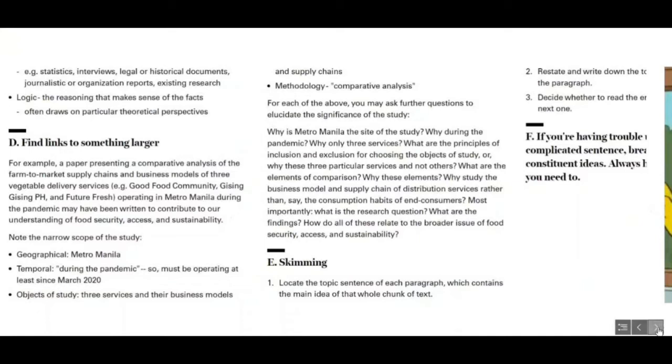So if you notice here, in my discussion of this part, yung limiting your study, for every choice that you make in your analytical or inquiry paper, when it comes to geographical scope, temporal scope, objects of study, and methodology, you always have to consider at the back of your mind why you're making these particular research choices.